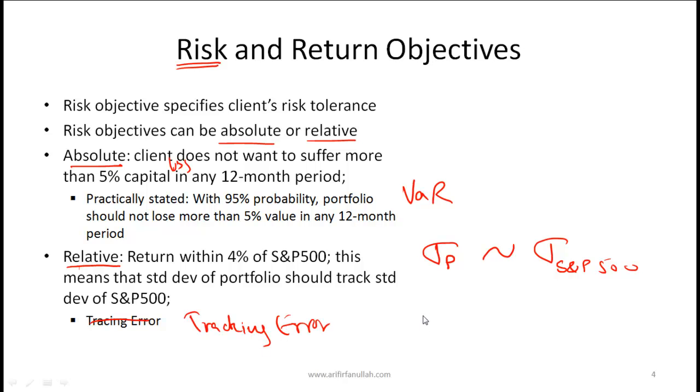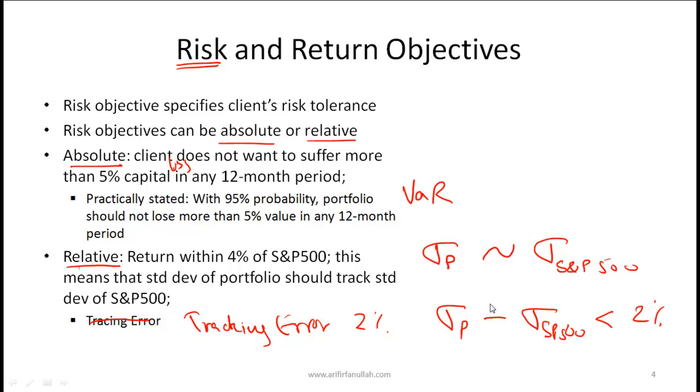So with the tracking error, essentially we are saying that the standard deviation of our portfolio should track the S&P 500, and more specifically if we say that the tracking error is 2%, what we are saying is that the standard deviation or the riskiness of the portfolio minus the riskiness of the S&P 500 should be less than 2%.